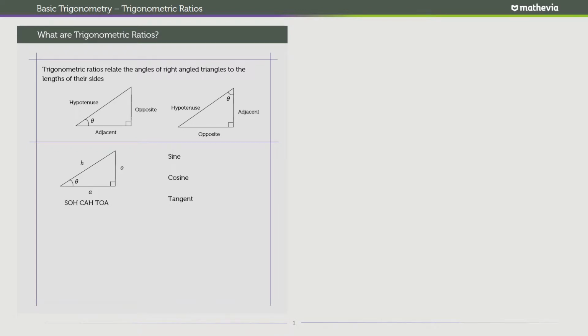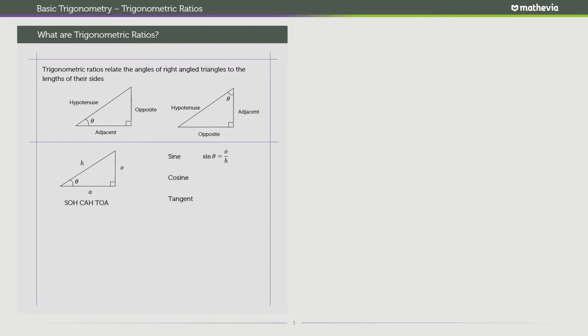And we have this very important acronym that we use to remember this, and it's SOHCAHTOA. SOH is for sine: sine of your angle theta equals O over H. So sine is the ratio of the opposite and the hypotenuse.